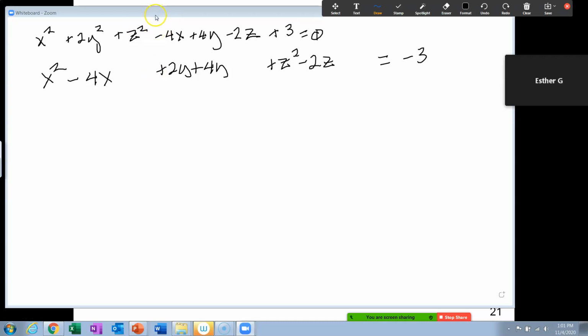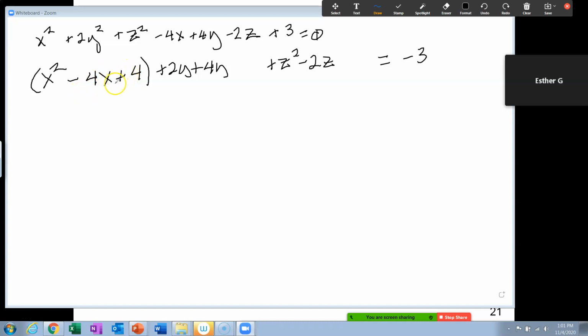Now what's the next thing I'm going to do? Complete the square. That's why I left the blank. If you remember how to complete the square of a quadratic, take half of the b term, that's the linear term. Half of negative 4 is negative 2, square it. That's going to be a plus 4.